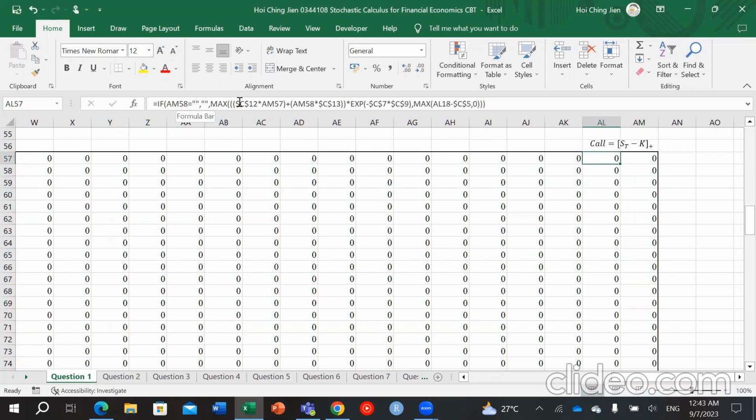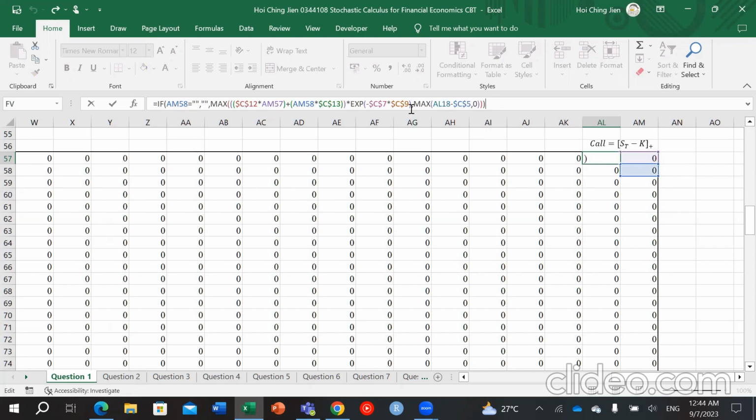So we use another if-else function, but inside there is a max function again. For discounting the value back, if this value is 0, it will become 0. Else we use the max function, which is C12 multiplied with this, and C13 multiplied with this, which is the risk neutral probability multiplied with the upward value, and 1 minus the risk neutral probability multiplied with the downward value.